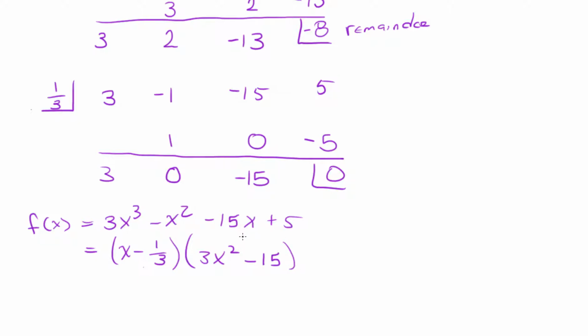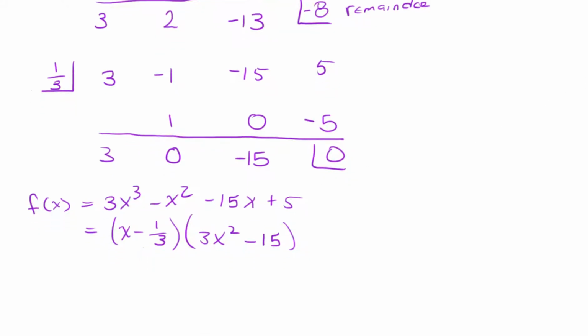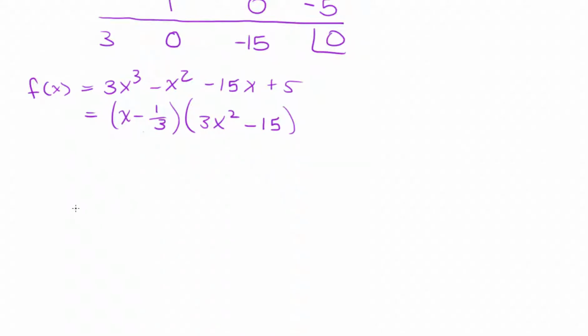Okay? Now notice that 3x squared minus 15 can be factored using the solution method. Okay? So therefore, 3x squared minus 15 equals 0. It means that 3x squared equals 15.